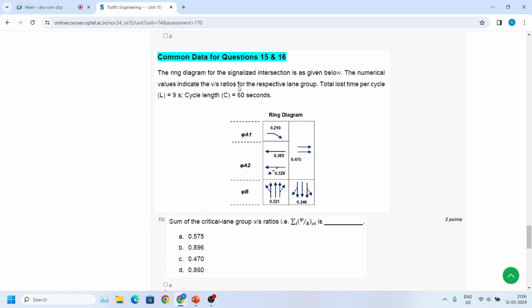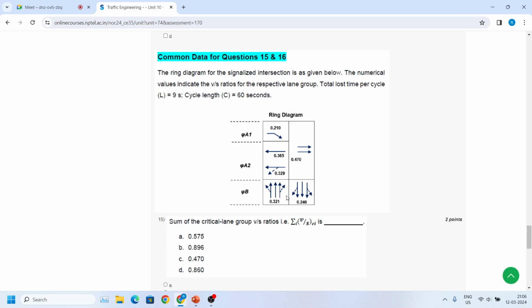Numerical values indicate the V/S ratios. Okay, these are the V/S ratios. It's not the volumes. Sum of the critical V/S ratios. It should be easy, right?